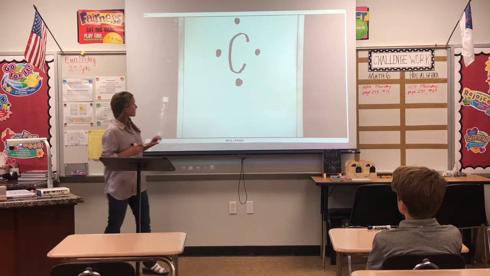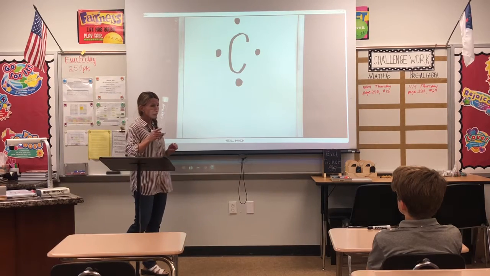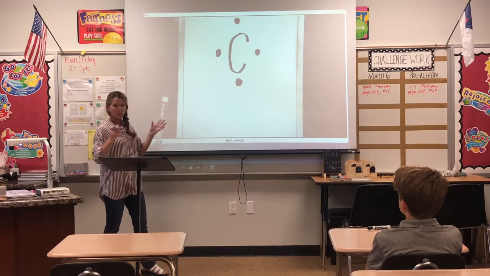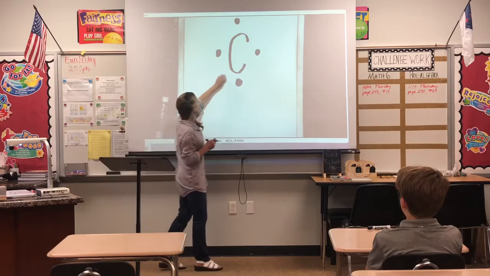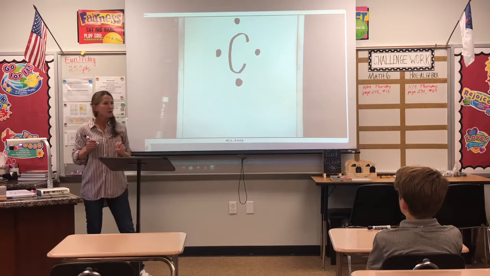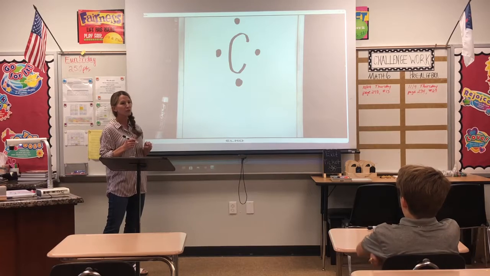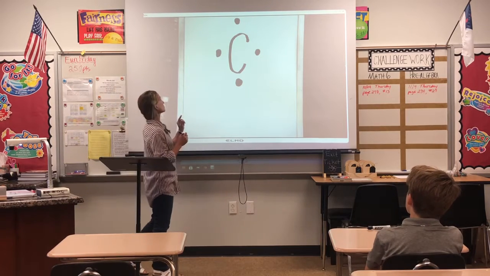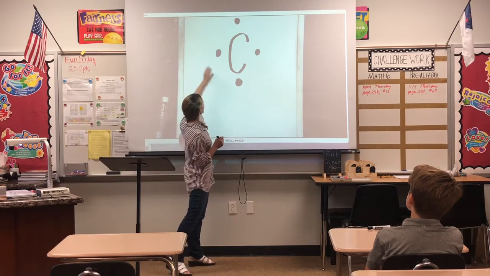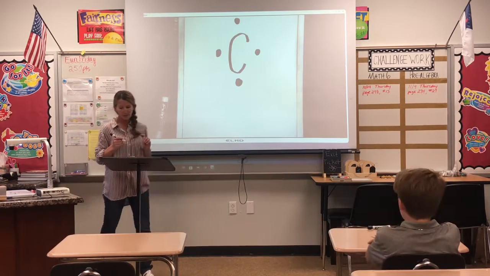It likes to bond with other carbon atoms easily, because other carbon atoms also have 4 electrons. So they just come right in here. Carbon also bonds really well with hydrogen because hydrogen only has 1 valence electron. So these hydrogens can easily just come right in here and pair with these carbon's valence electrons.